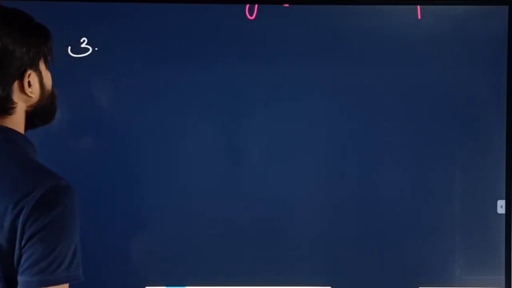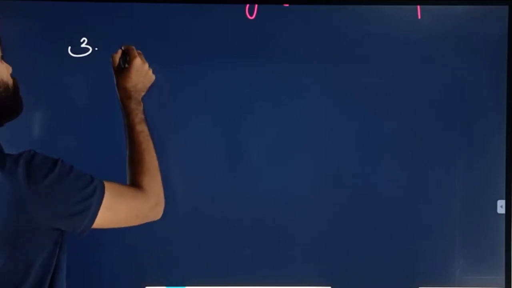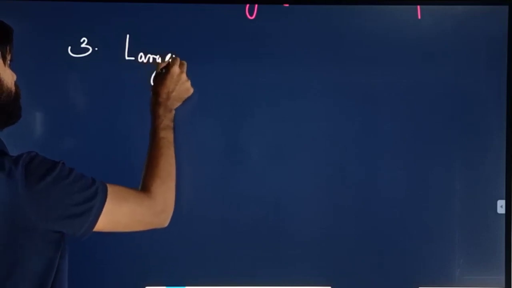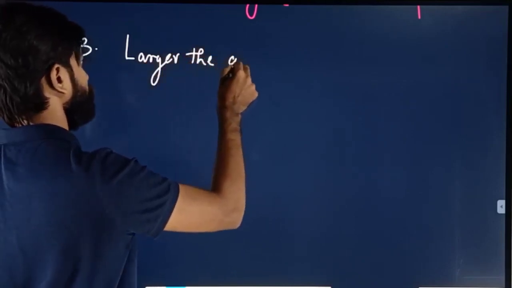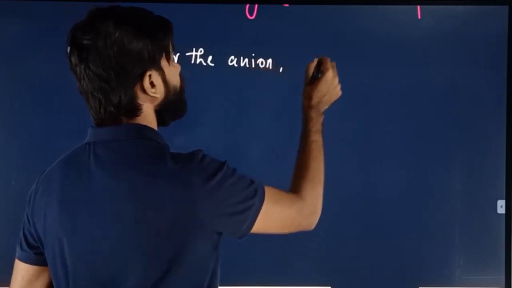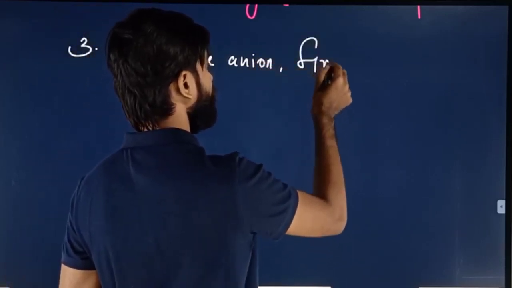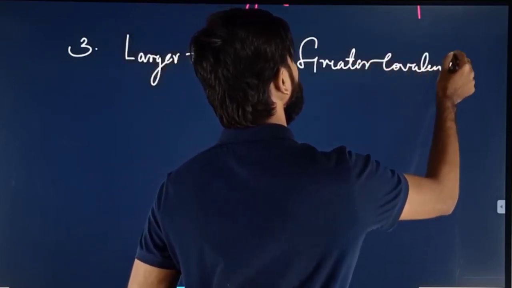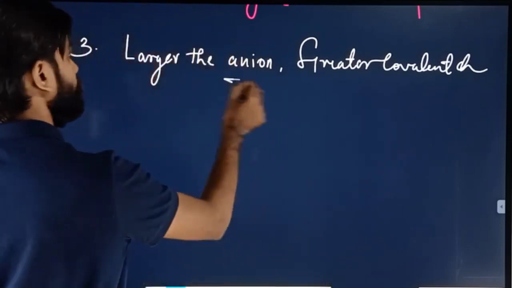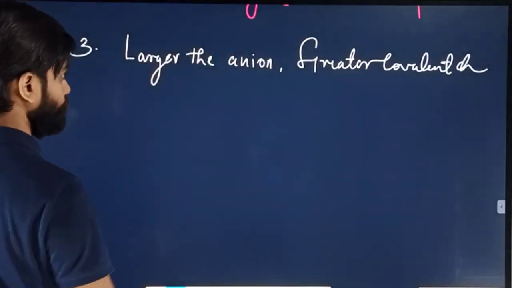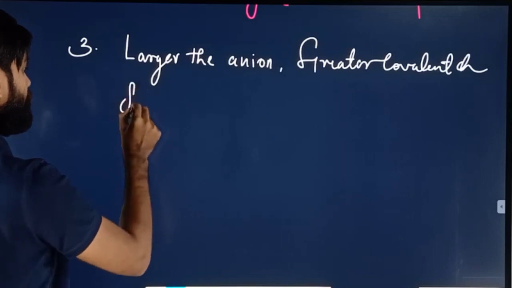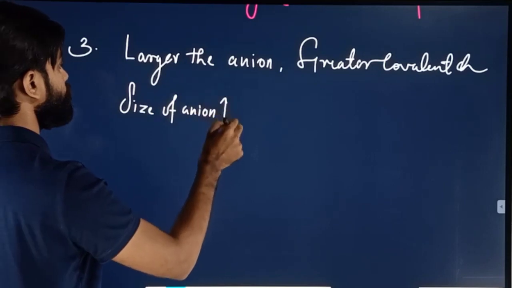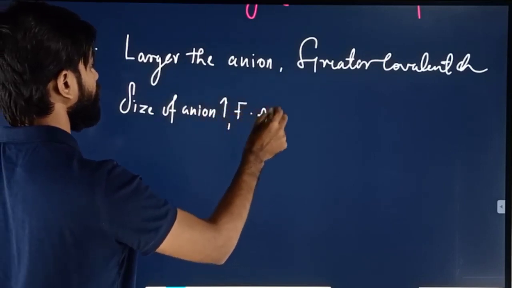The next idea is regarding the anion. Larger the anion, greater the covalent character. And what is the reason? As the size of the anion increases, its force of attraction decreases.